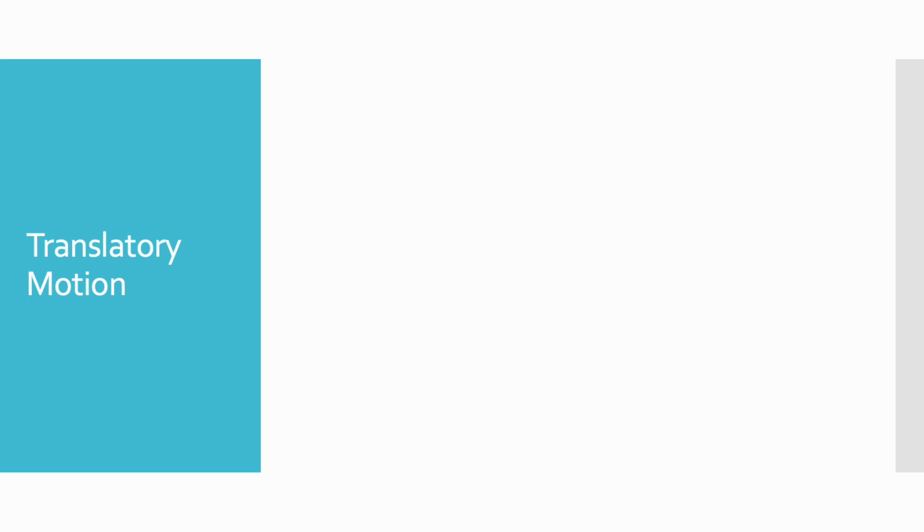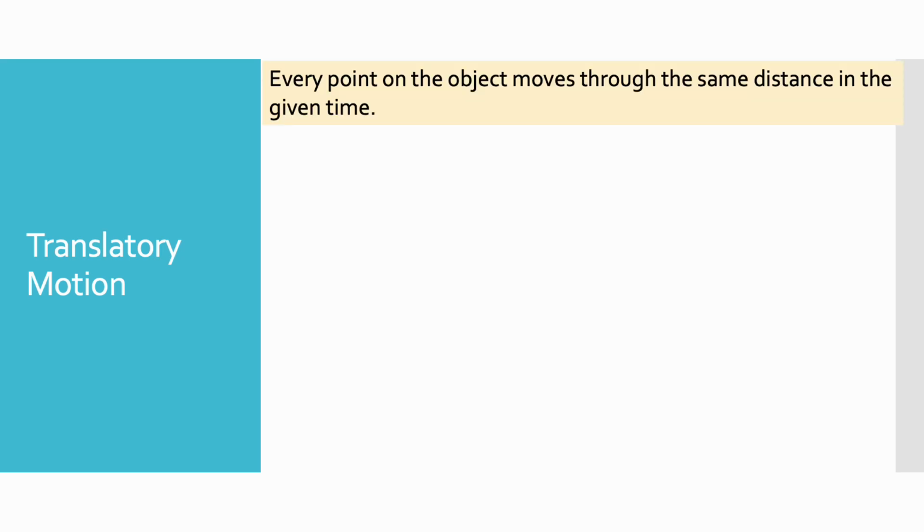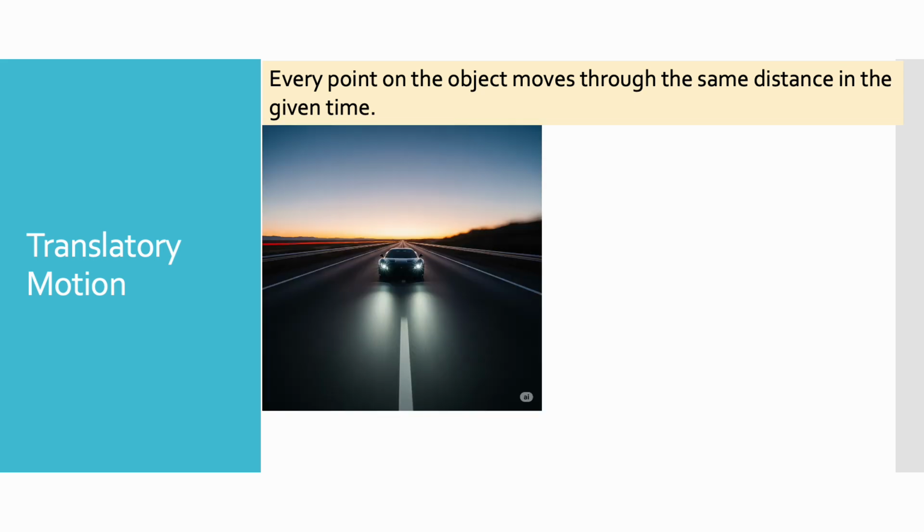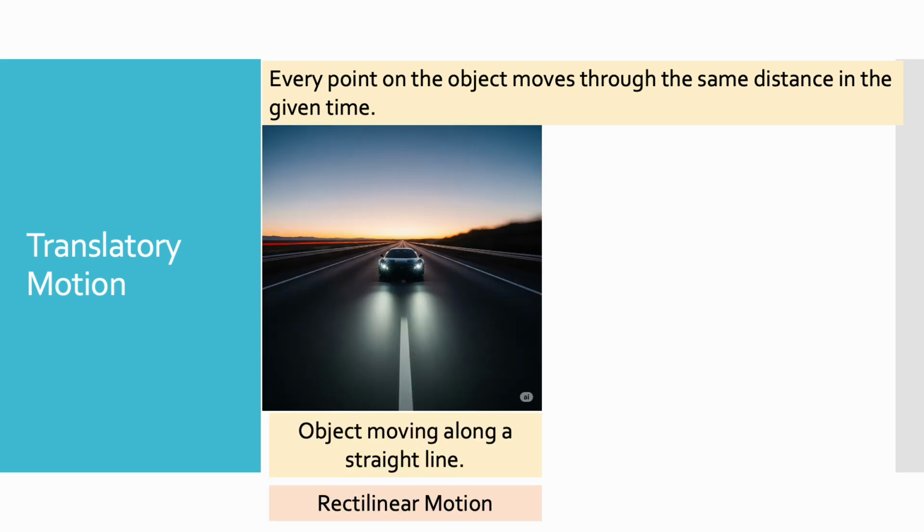When every point on an object moves the same distance in the same time, we say that the object is in translatory motion. There are 2 types of translatory motion, rectilinear and curvilinear. Rectilinear motion, this is when an object moves in a straight line. For example, a car driving down a straight highway.